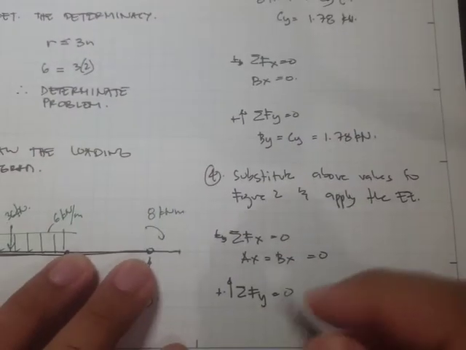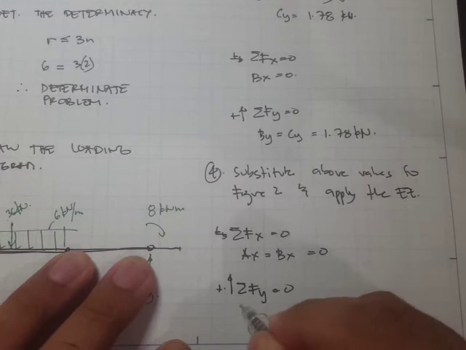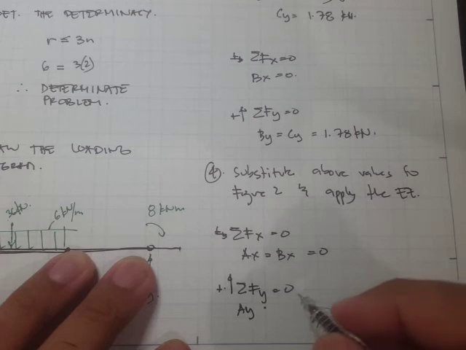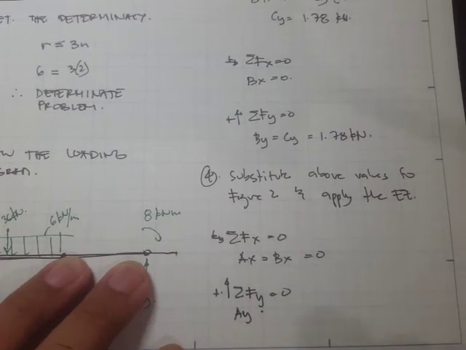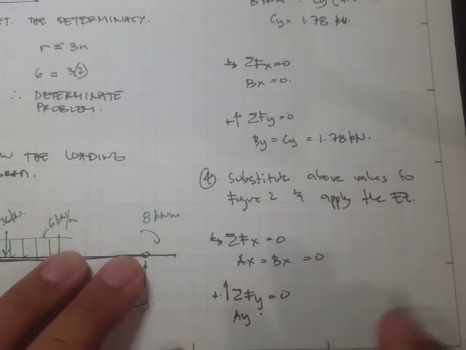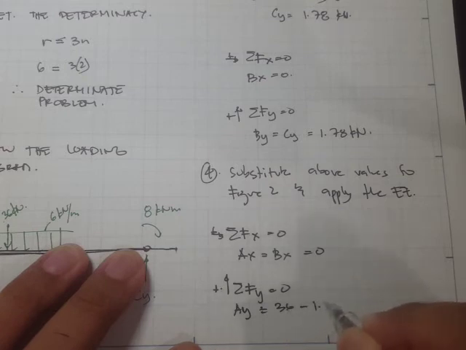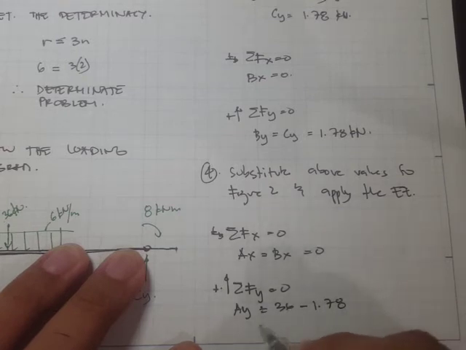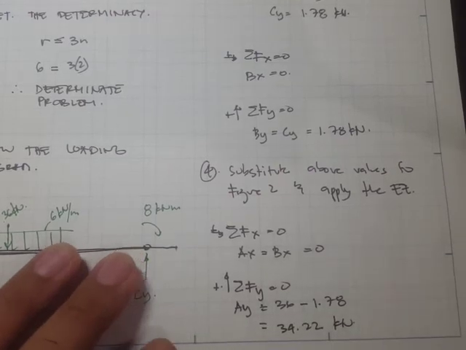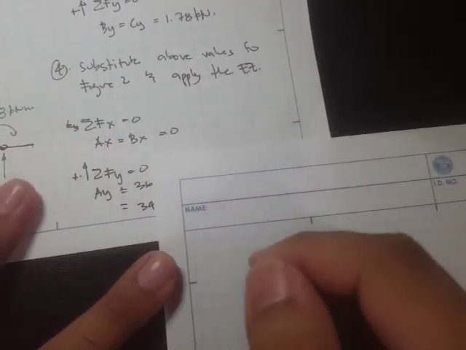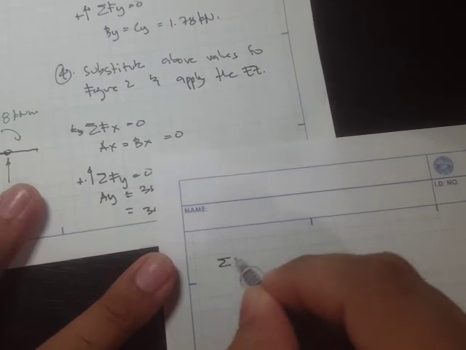So Ay is equal to 36 minus 1.78. So this is 34.22 kilonewtons.